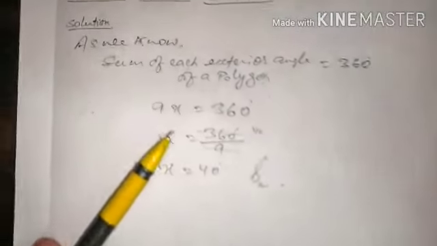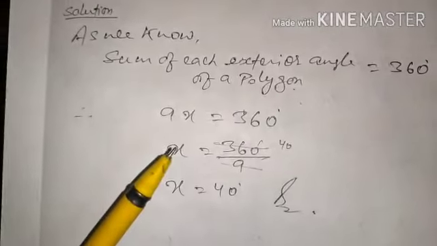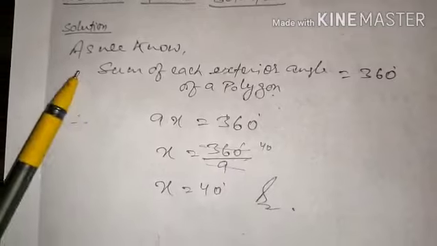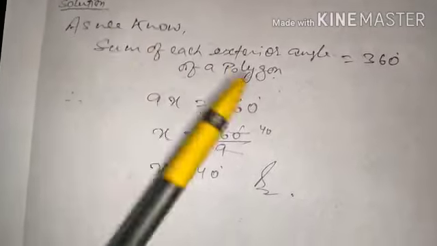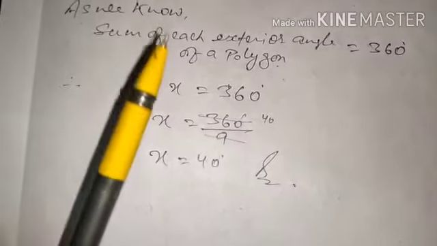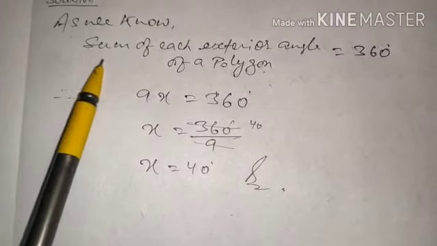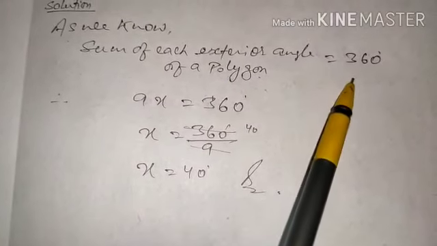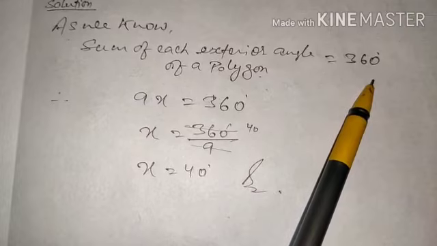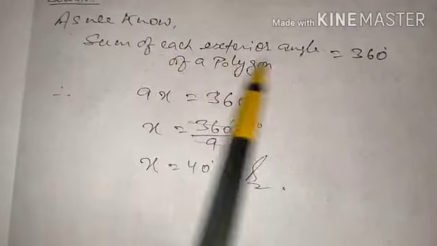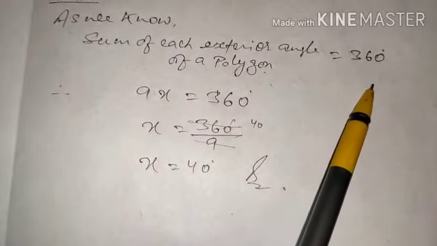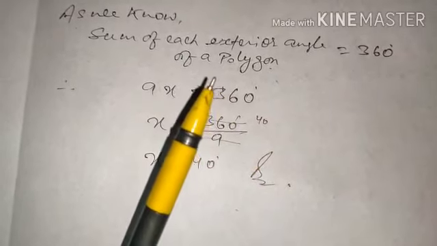After this assumption, we can see the solution. Now we are going to use the exterior angle property of a polygon. The sum of the exterior angles of a polygon is equal to 360 degrees.